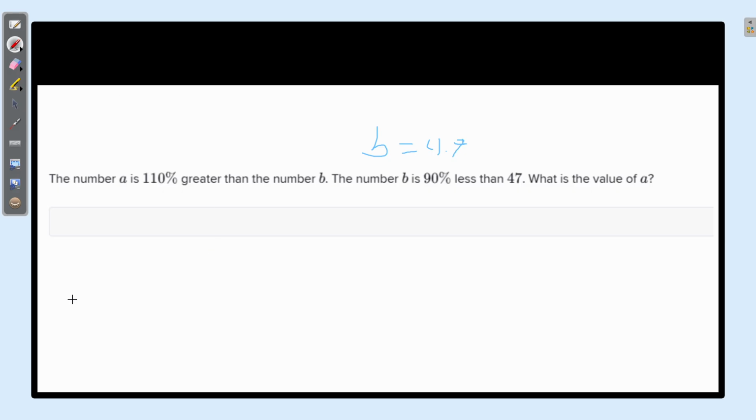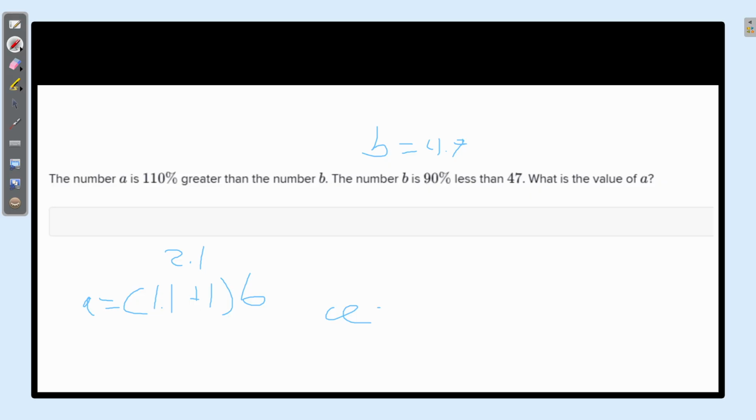So what is it then? Well, we can say that A is 1.1 plus 1B. And the reason is because this is our 110% greater, and this is our original 100%, not 110. So this gives us 210%, which is 110% greater than B. So this is 2.1B.